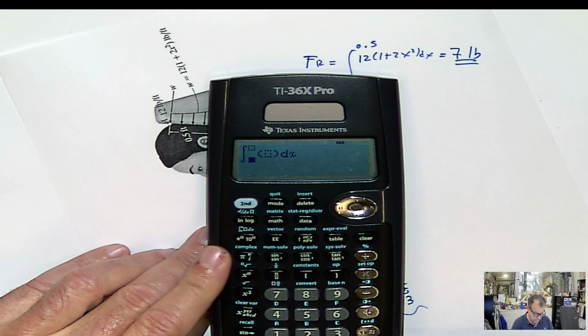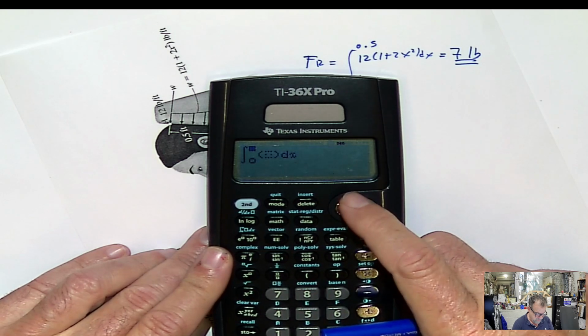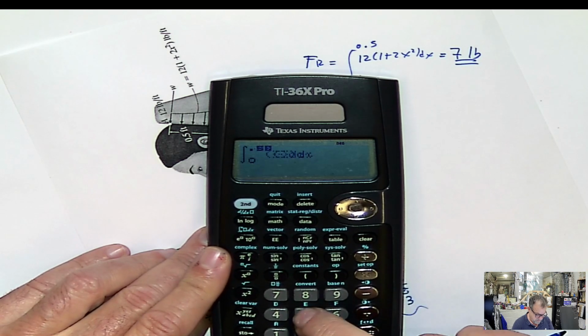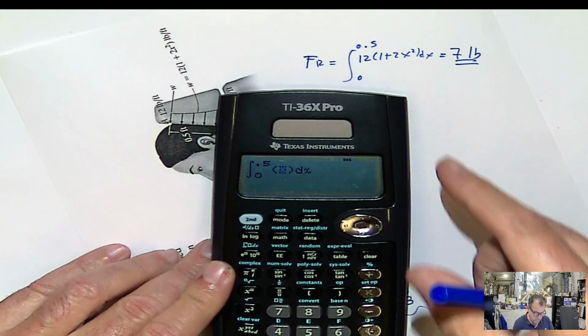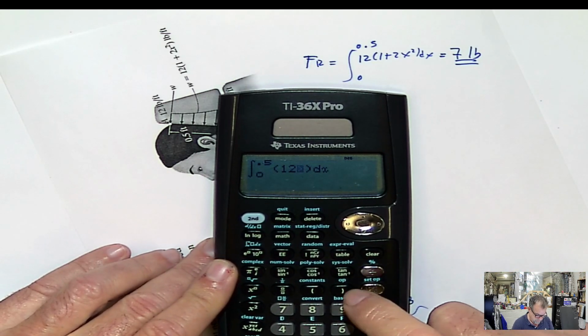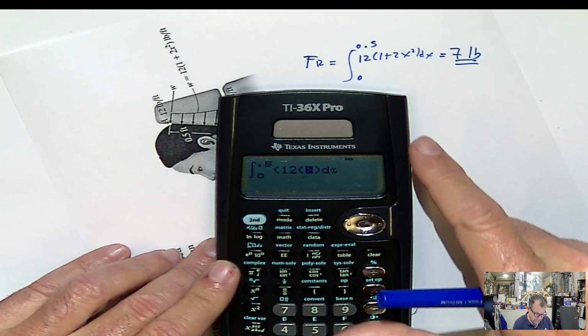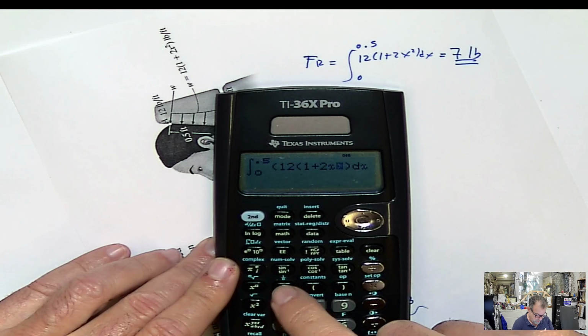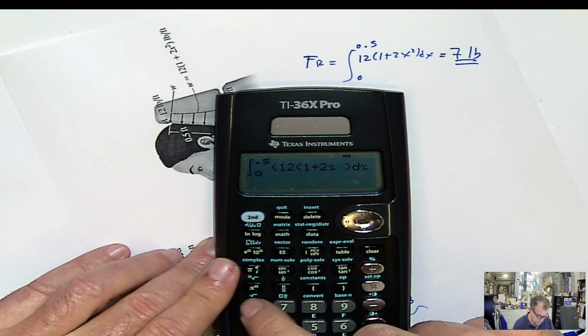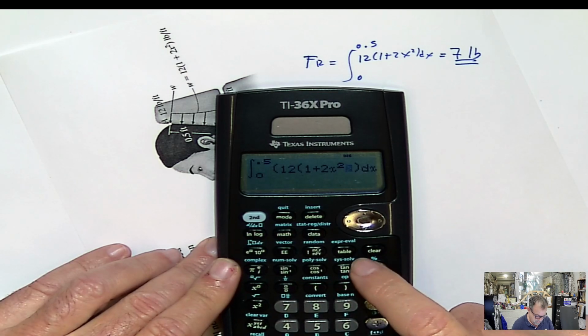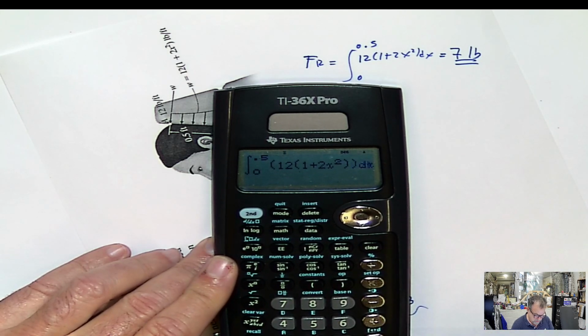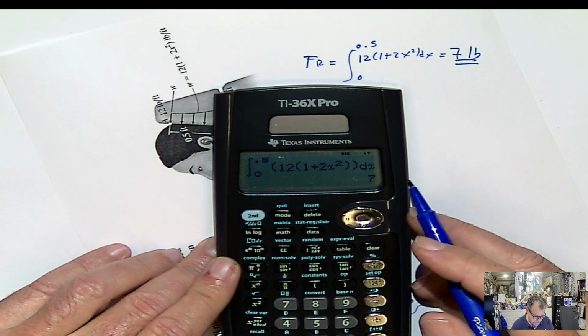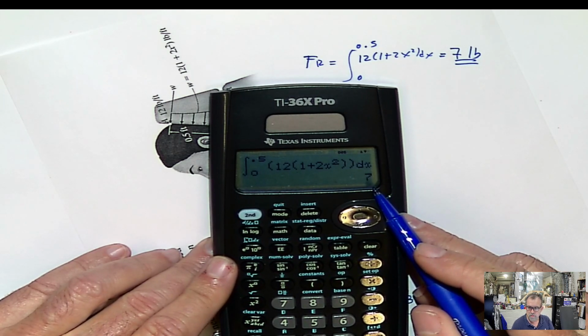You see, from 0, you go up to 0.5. Then you put the values that you have: 12 parentheses, 1 plus 2x squared, close parentheses and hit enter, and then you get the same value, 7.